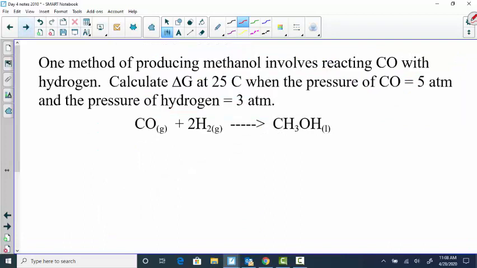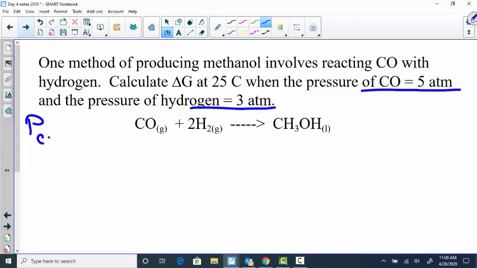So, quick problem with how to use this. One method of producing methanol involves reacting carbon monoxide with hydrogen, and we want to know what is the delta G when we've changed the pressure. So our pressures are at two different pressures other than atmospheric.